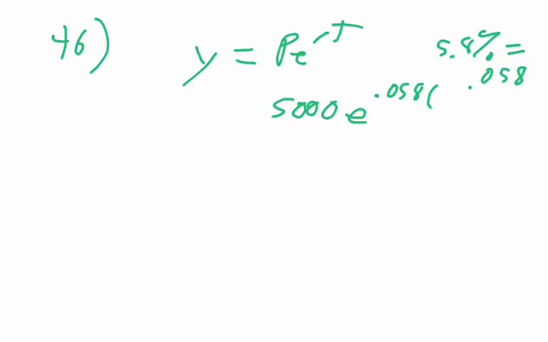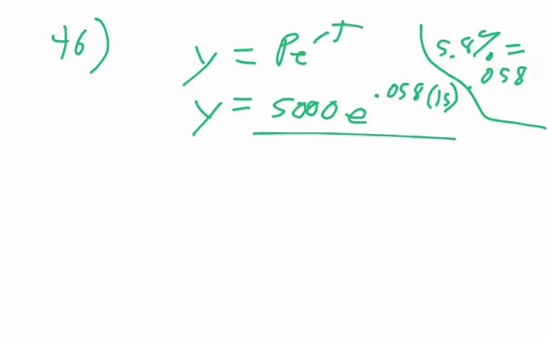And we have this for 15 years. Once again, we don't have to solve anything because everything is on the right-hand side of the equation. And it turns out the amount of money we'll have is $11,934.55.